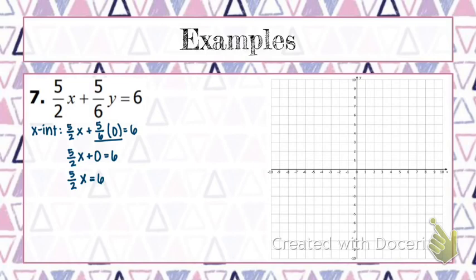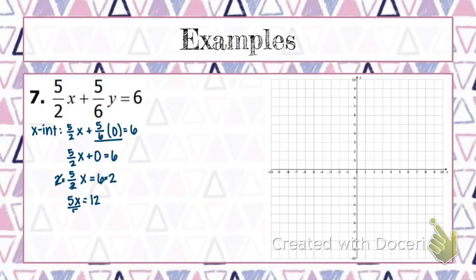So instead of trying to divide this by 5 halves, sometimes that can get confusing to type into a calculator, and it can kind of mess with you. But if you want to, you can multiply both sides by 2. And so that's going to give you, these 2's will cancel each other, and you'll get 5x over here. 6 times 2 is 12.